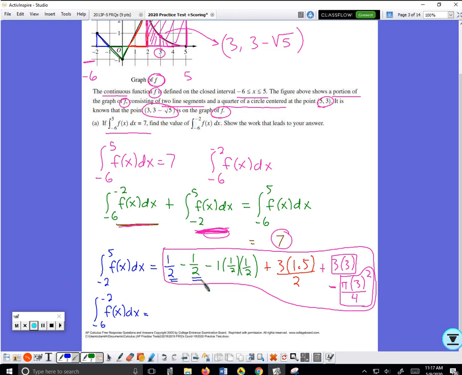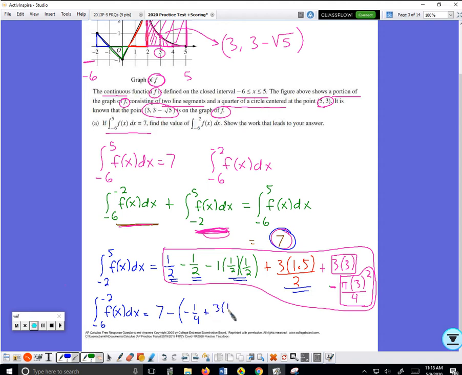This is -1/4. Remember, I've got to take 7 and subtract everything. So 7 minus, put a parenthesis so I don't mess up here, -1/4.